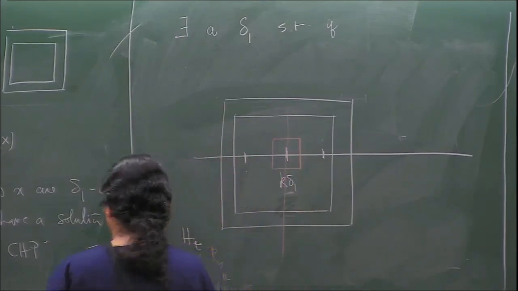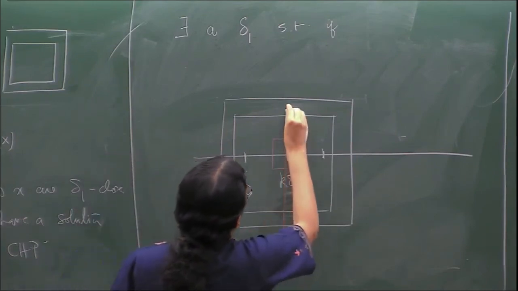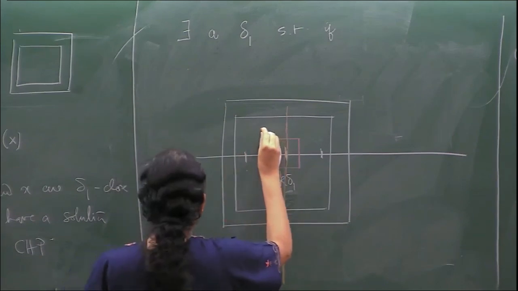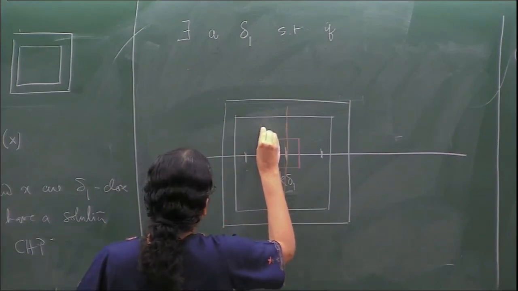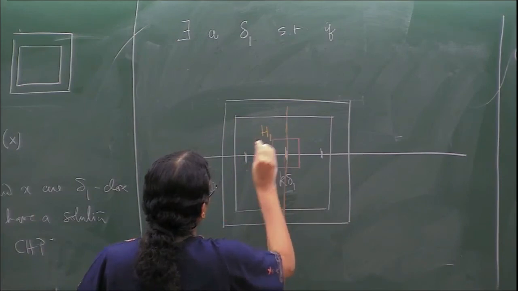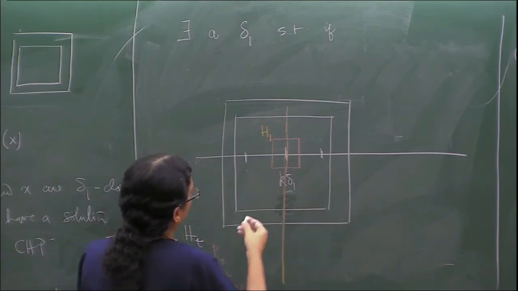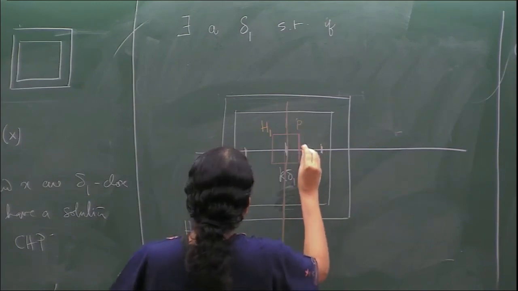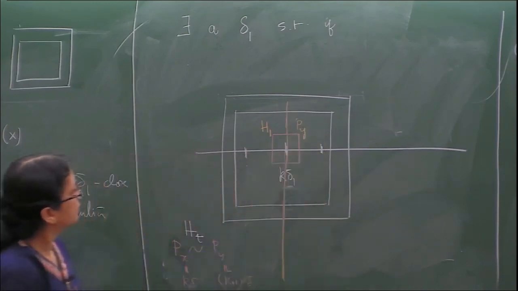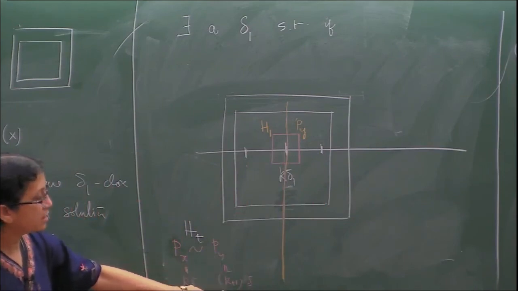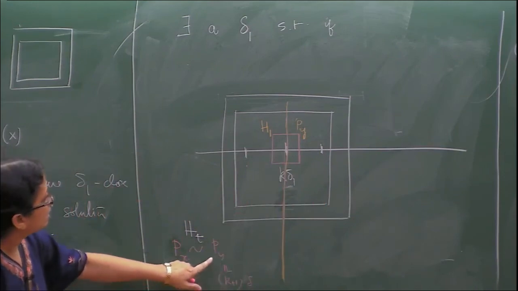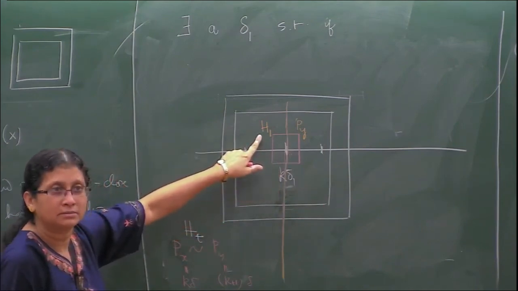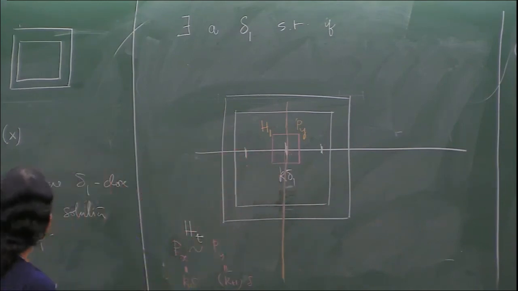Okay, let me use some other chalk. On this side, let us put the map H1, whereas on this side, I put the map Py. Py, where y is 2k plus 1 delta, okay? So I put the map Py here and I put H1 here. What is H1?